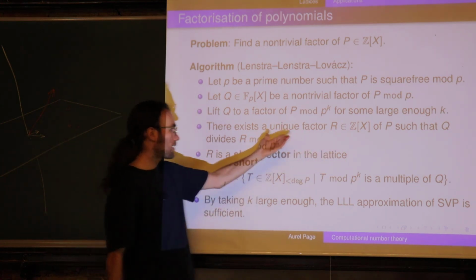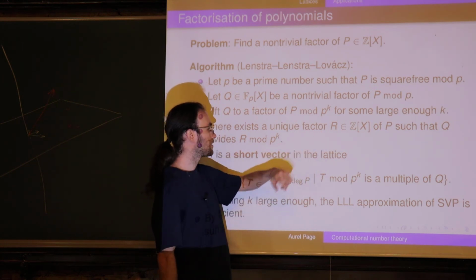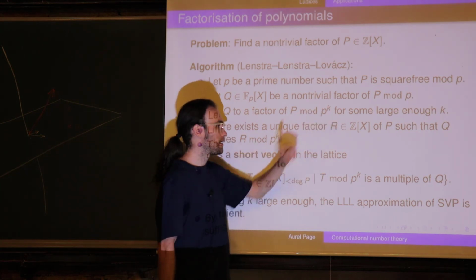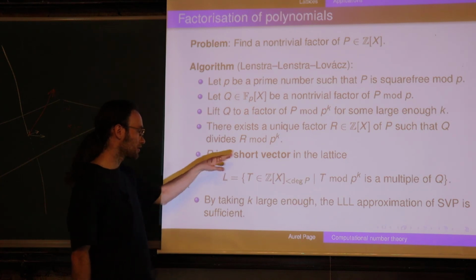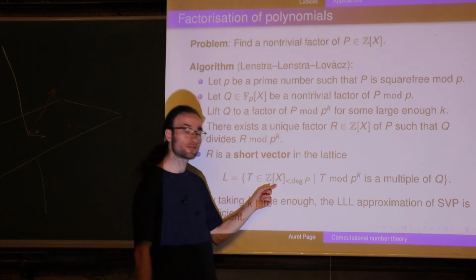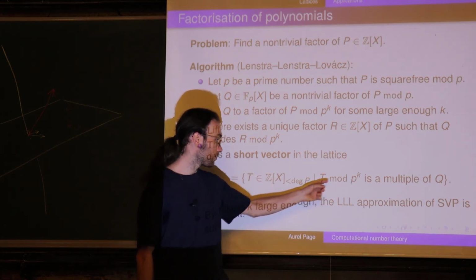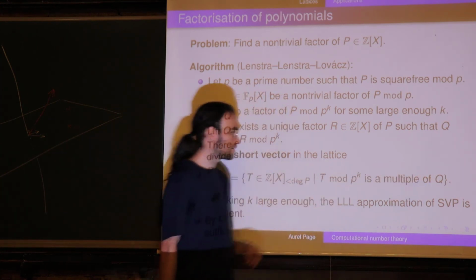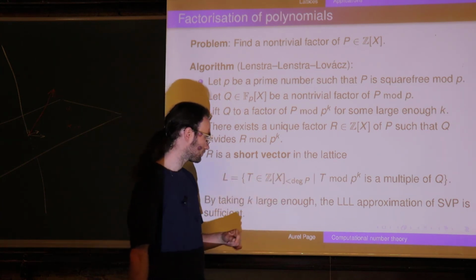So this R, it's a single polynomial, it's fixed, but you can increase the power of P as much as you want. And because of this, the following happens. R is going to be a short vector in the following lattice. You take the set of polynomials of bounded degree such that the polynomial mod P to the K is a multiple of Q. So this really, you can convince yourself that this is a lattice.